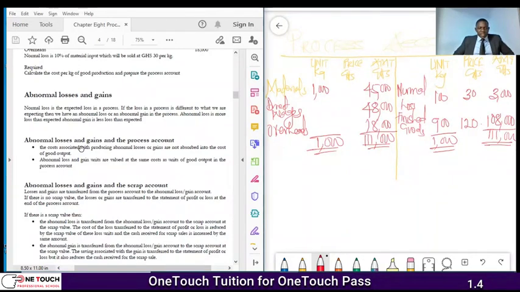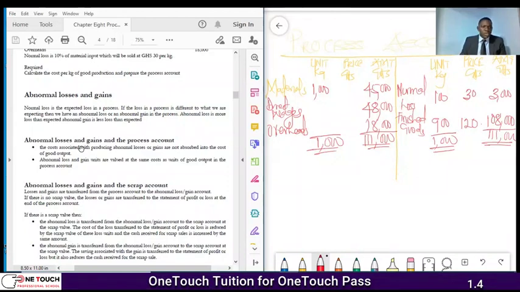The abnormal loss and gain units are valued at the same cost as the unit of good output in the production process. So here, we are not going to absorb the cost of abnormal gains or abnormal losses. Okay, good. We are saying that the abnormal gain or loss units are valued at the same cost as the unit of good output in the process account.